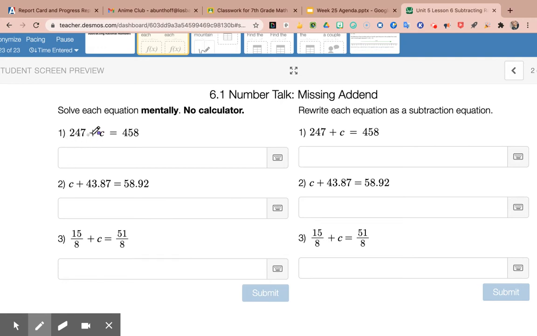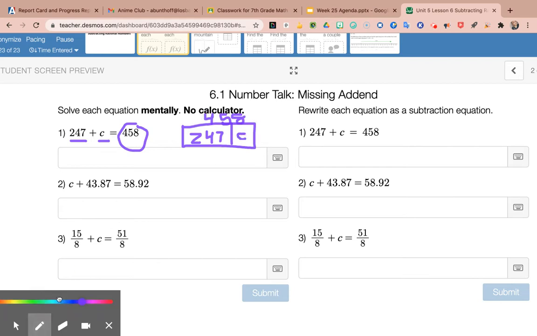We have 247 plus something missing, C, equals 458. In class, we talked about a method: take the whole and subtract the piece. If you think about this with a picture, if my whole thing, my equals, is 458, and these two things add to that, then 247 plus C, these two add to make the whole.